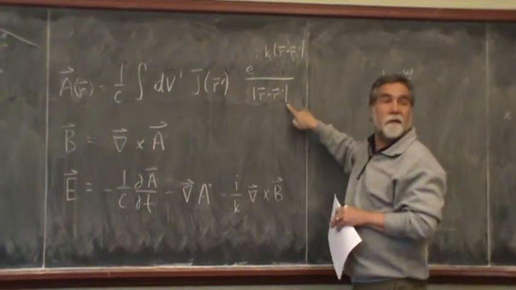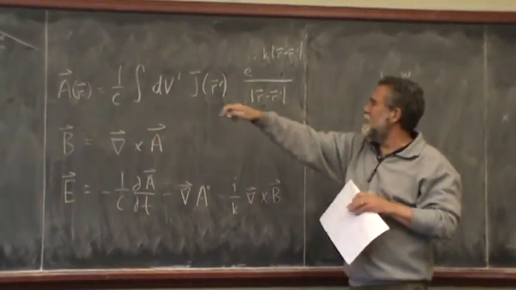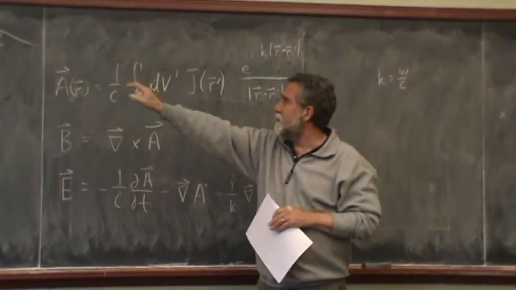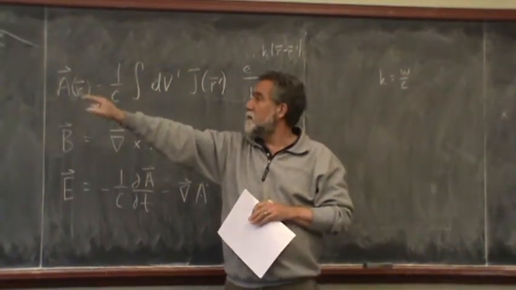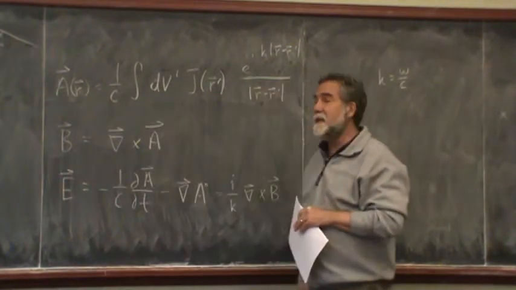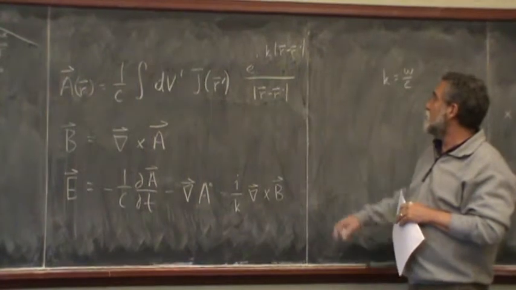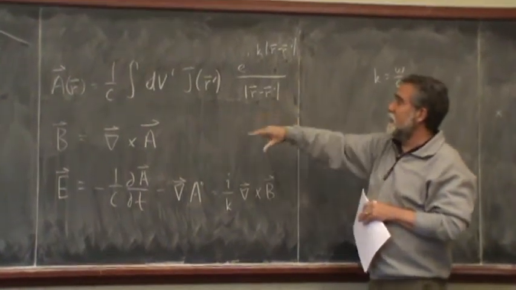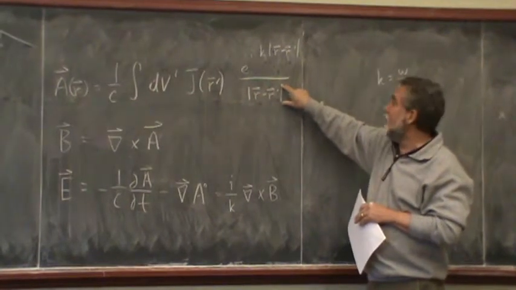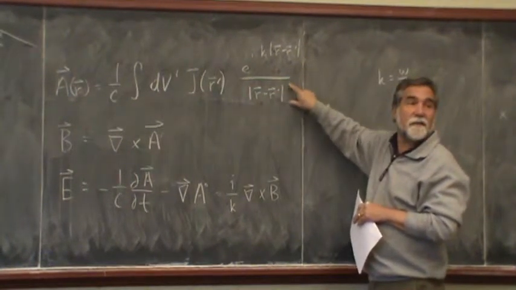This term here, I look at it and I say, well, if the system is small compared to the distance of observation, I use that approximation over there, and I'm in the far zone, then actually lambda doesn't even come in here. I just have a distance here, and this distance change is relatively small.